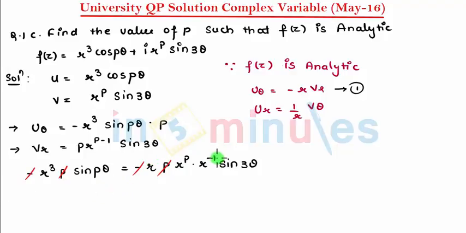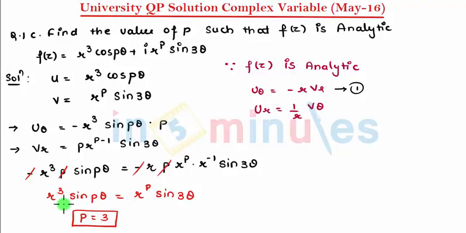Sorry, r raised to 1 and r raised to minus 1 makes r raised to 0, so that is also gone. So finally r cube sine p theta is equal to r raised to p sine 3 theta. So p is equal to 3 if you compare here.